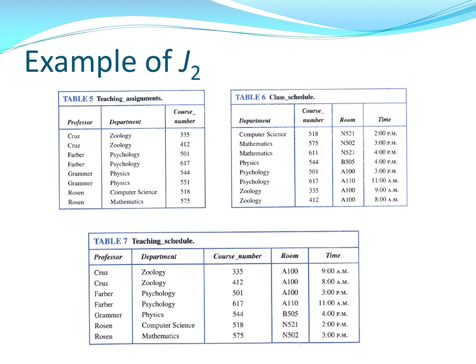For a join, here I have join 2. That means I've got two columns that are in common between two databases. What are those? I have a teaching assignments database and a class schedule database, and the common fields are department and course number.